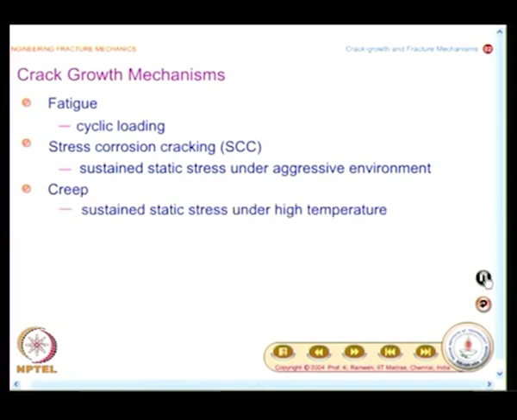Then you can have another phenomenon possible, that is creep. In this you have sustained static stress under high temperature. In practice, what you will find is you will have a combination of these. Individually, when you study, you can look at what happens in fatigue, what happens in SCC, what happens in creep, but in practice you could have a combination of these.